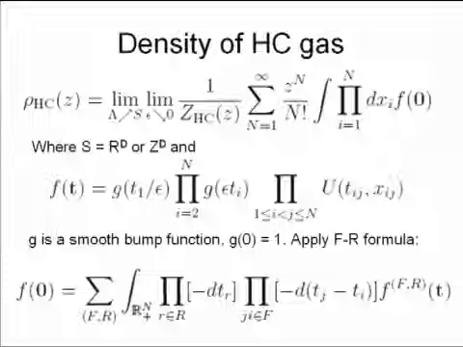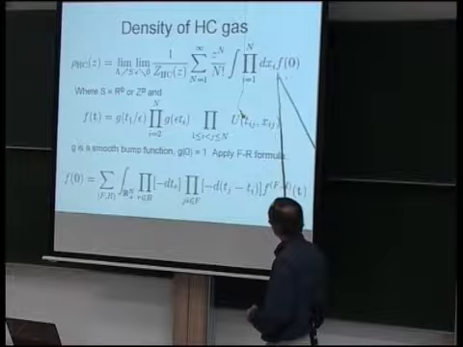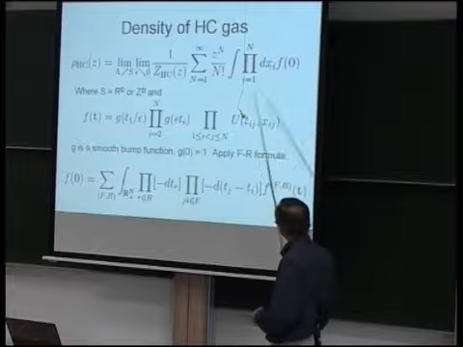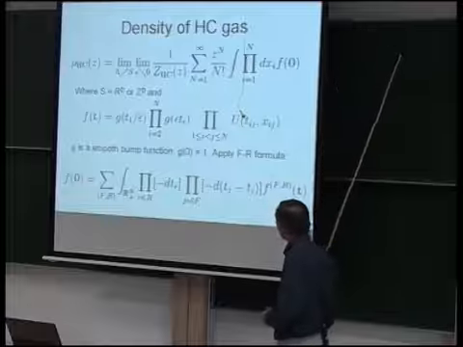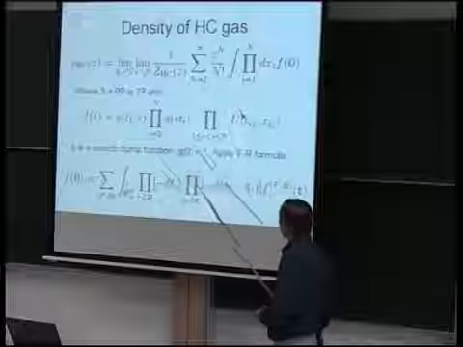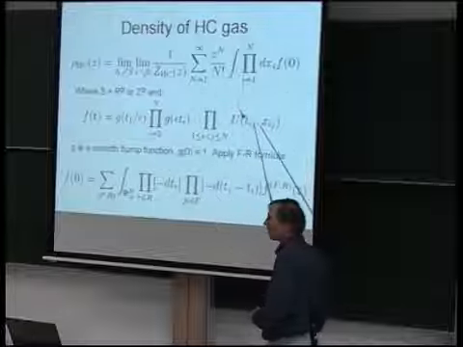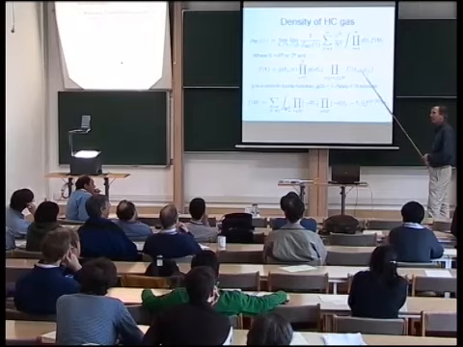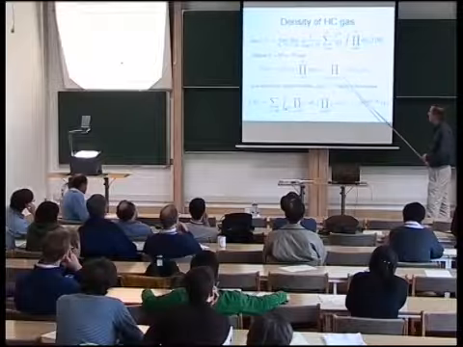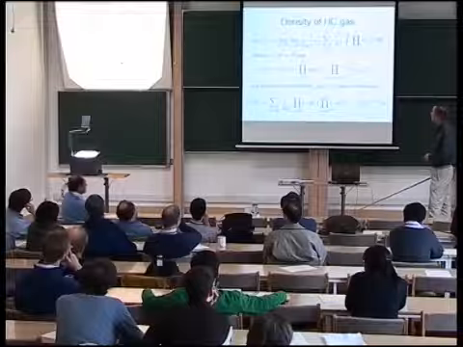All right, so we're going to apply the forest root formula, which I've reproduced here, to this f of 0, which is this product. I'm sorry, so G is a smooth bump function as a function of variables x? No, of t. See here, I'm basically suppressing the x variables. They're just going along for the ride at the moment. So how is it that G is constraining where the particles are?